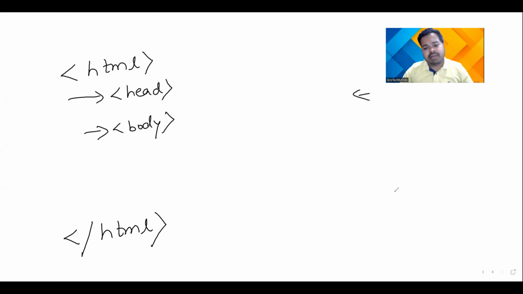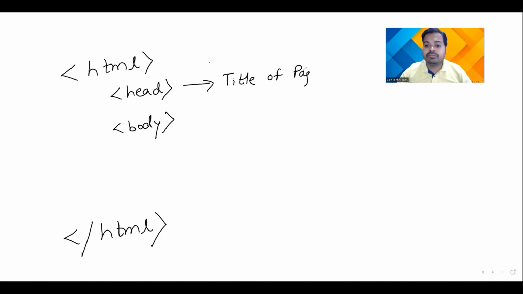Body starting here, it can probably end here, right? That's not important. What I'm trying to tell you is that in your HTML structure, there will be two major things, head and body. The thing that you need to understand and remember always is that inside the head, something that is important for automation testers, that is you and me, is the title of the page. So my title of the page will be present in the head of my HTML structure, right? And any other component that I have on my website will all be available inside the body.